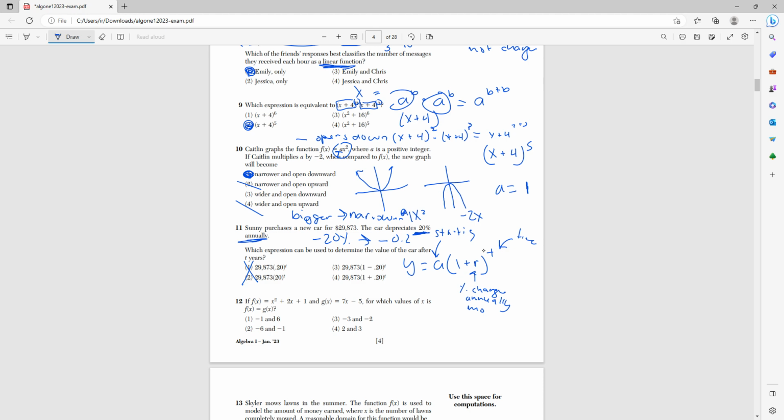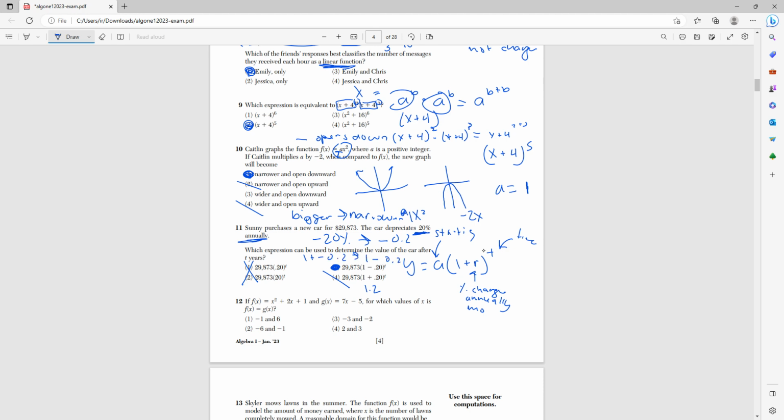And we can eliminate number 4 because it's saying 1 plus 20%, which is bad. What this is going to give us is 1.2. This one is saying that it's increasing by 20% each year, not decreasing. Number 3 is going to be the only correct one, because 1 + (-0.2) is equal to 1 - 0.2.